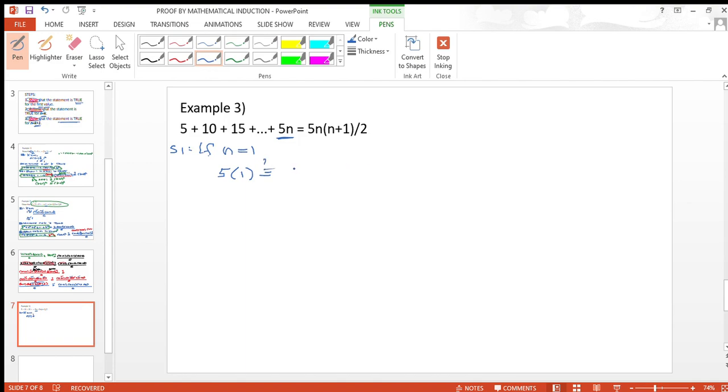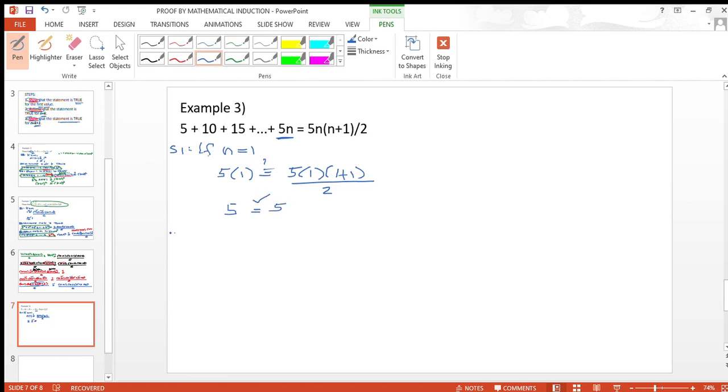Is this equal to, substituting n equals 1 in the right side, 5 times 1 multiplied by 1 plus 1 divided by 2. 5 times 1 is 5. 1 plus 1 is 2. 2 and 2 will cancel out. 5 equals 5. So that's step 1.